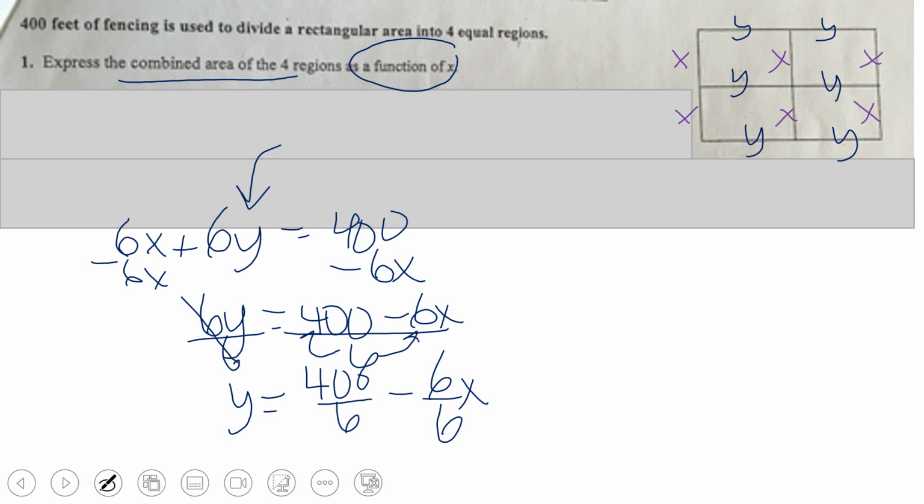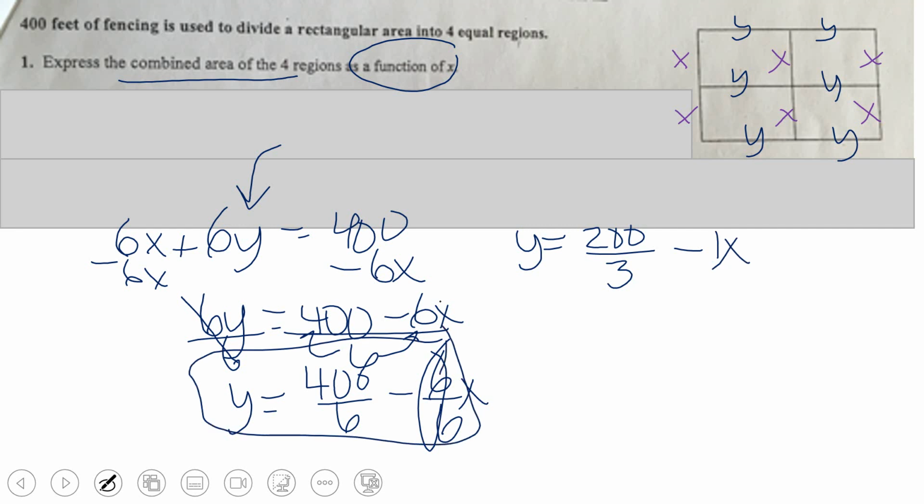Okay, let's reduce this one more time. I know that 400 and 6 are both even, so if I divide 400 by 2, I get 200, and if I divide 6 by 2, I get 3. And 6 divided by 6 is the same as 1. So all I did is reduce the equation. y equals 200 over 3, subtract 1x. That's what y equals.